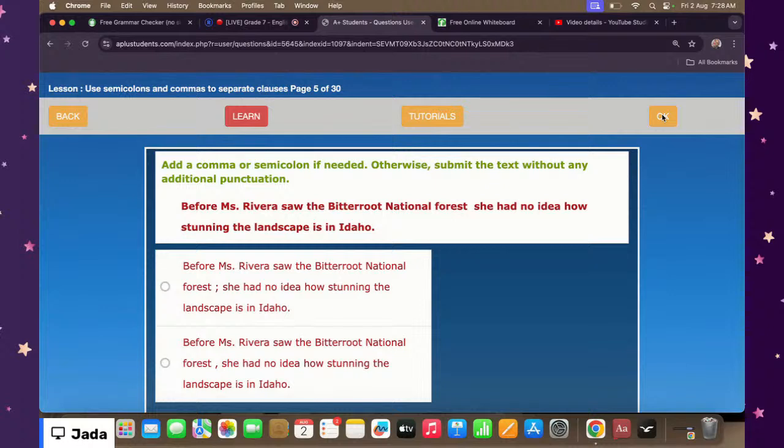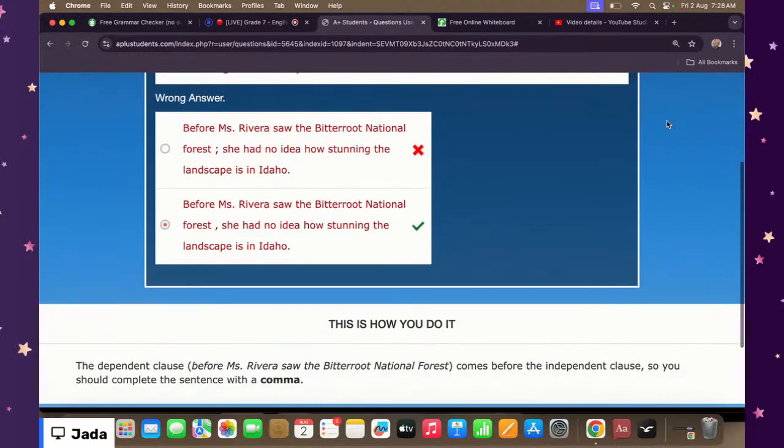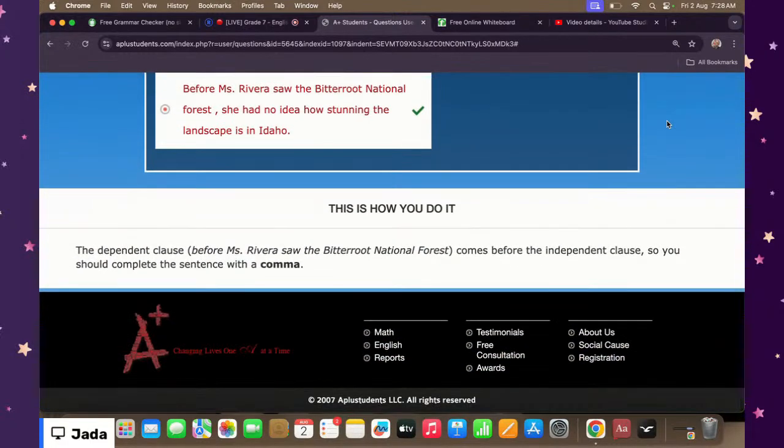Before Miss Rivera saw the Beetroot National Forest, she had no idea how stunning the landscape is in Idaho. So, what is supposed to be here? There's a space here, so we need to have a punctuation. So is it a semicolon or is it a comma? So let's go with a semicolon. Now, if you click on the semicolon, it is wrong. Why? Because it is a dependent clause first.